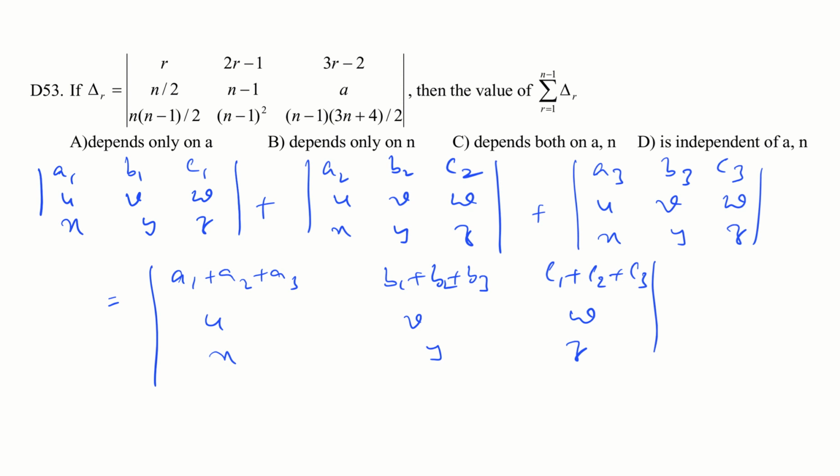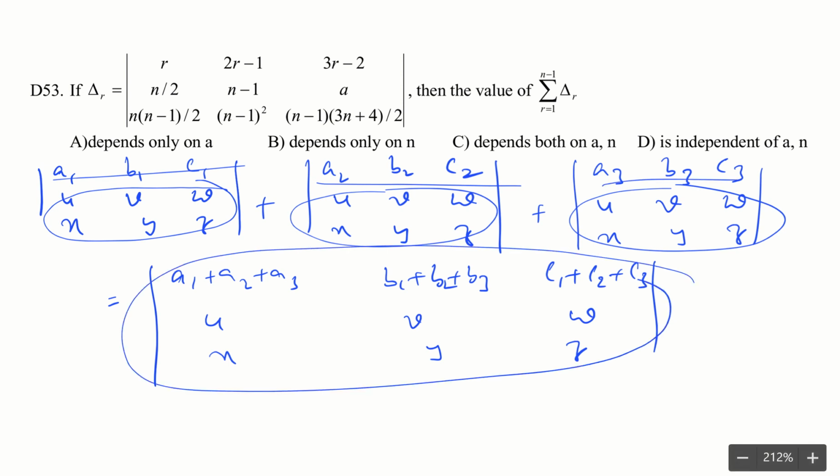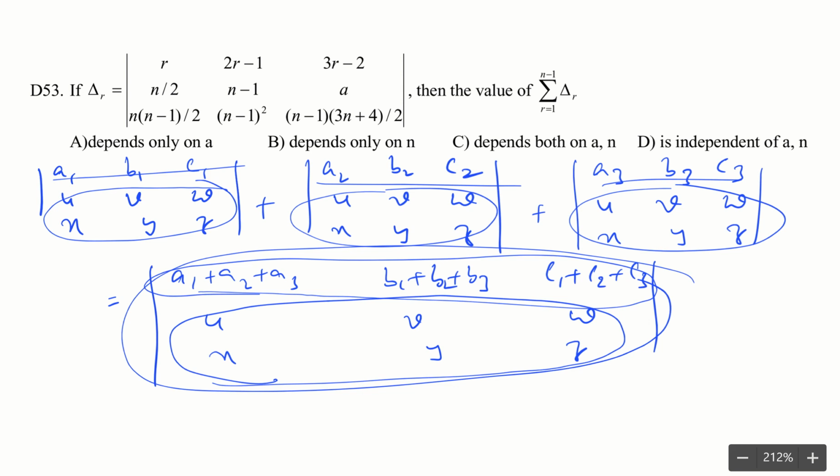So observe that when two rows are fixed, they are the same in all these determinants, and only one row is varying. Then you can see how I can add up all those determinants, keeping the fixed rows fixed and simply adding the elements of the row where the elements are varying.